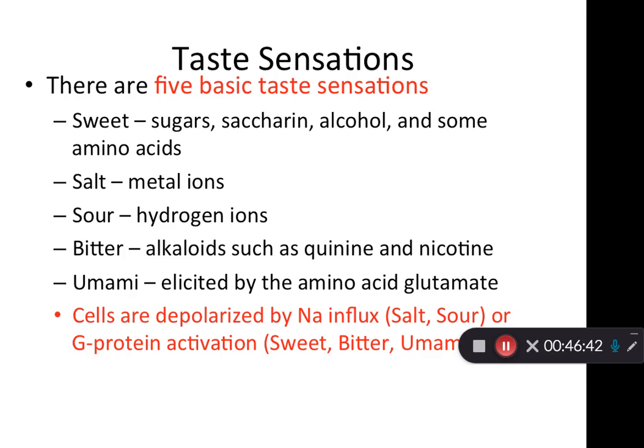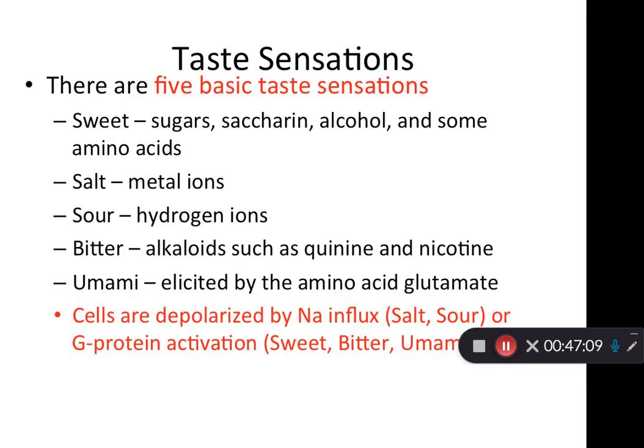The characteristic of an acid is that the solution has a high concentration of protons, meaning hydrogen ions. So the taste bud can detect the proton to generate the sour sensation.